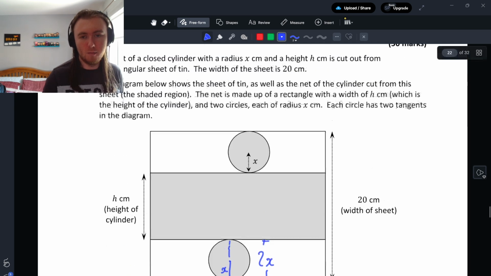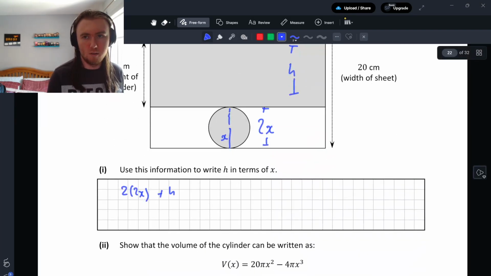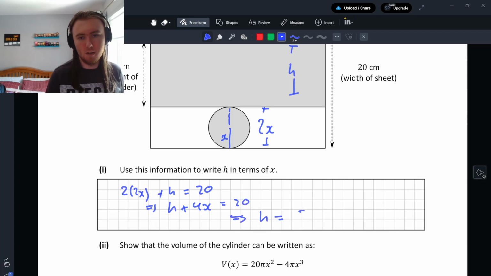And we'll have two of them, so two lots of 2X plus H is 20. So H plus 4X is equal to 20, so H is 20 minus 4X.